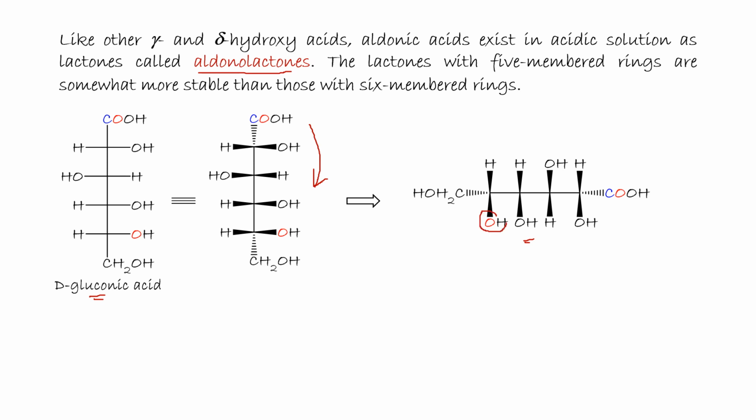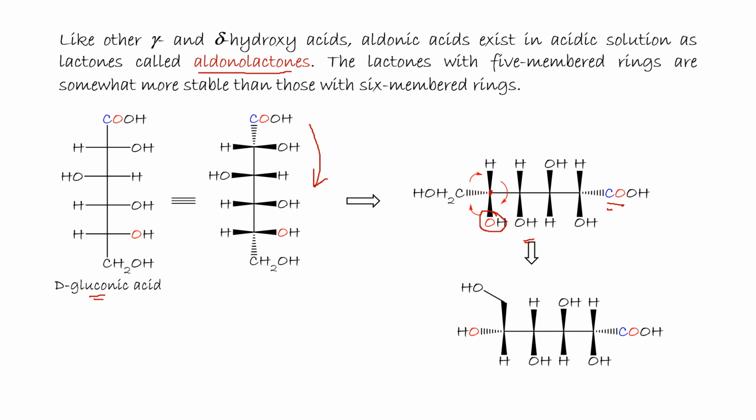Here this OH needs to be in the back, close to the COOH, so we have to rotate around this carbon, the 3 groups together, so we get this structure now, the OH in the back and COOH in the back, close to each other for the lactone formation.